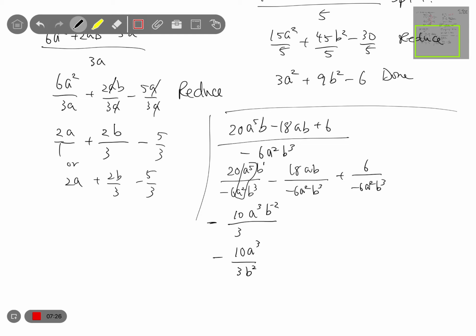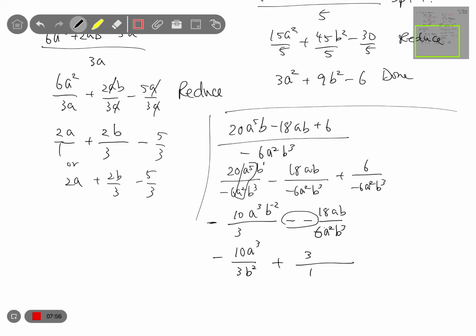Now, second fraction. Notice again, I am going to put the negative from the denominator to the front. But then I have minus negative 18ab over positive 6a squared b cubed. You can take that double minus into a plus if you want. That's okay. All right, so now here we go. Let's reduce the fraction. 18 over 6 is 3 over 1.